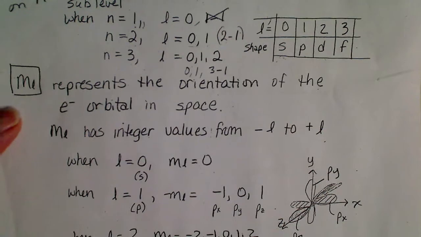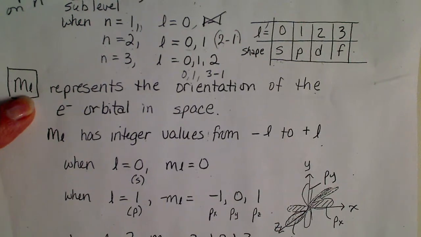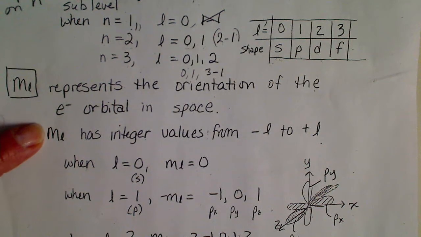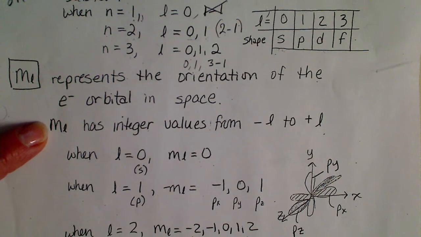So I'm going to go back to this. We're going to do some examples in a few minutes. M sub L represents each specific orbital, that is, the orientation in space.